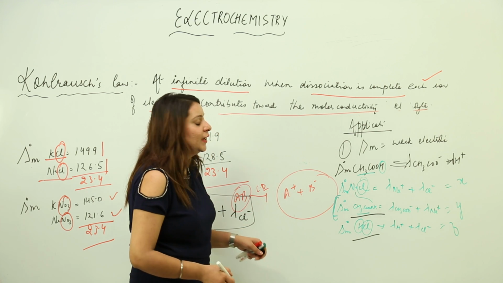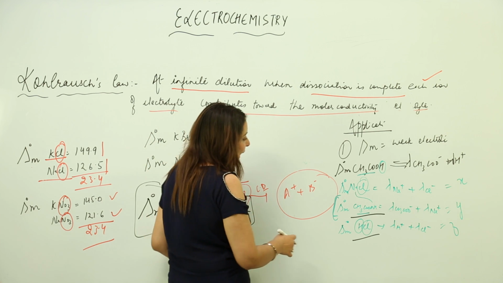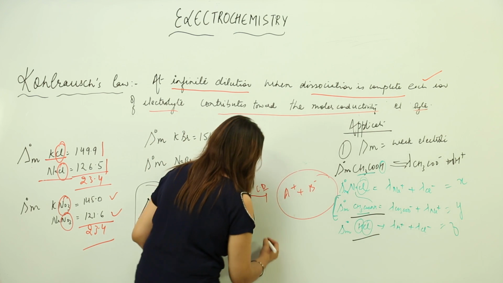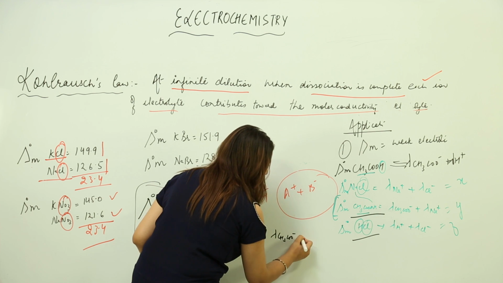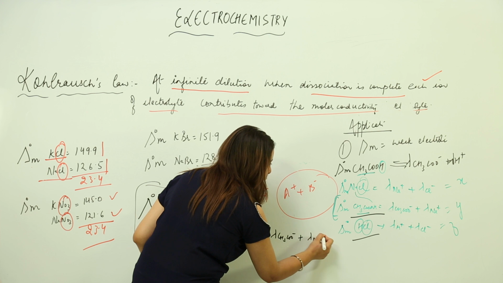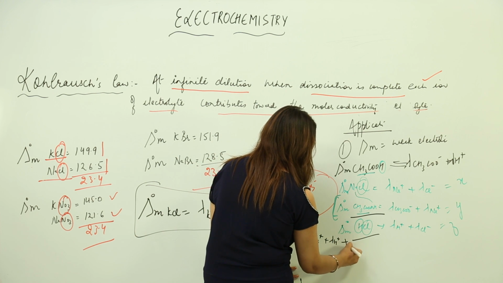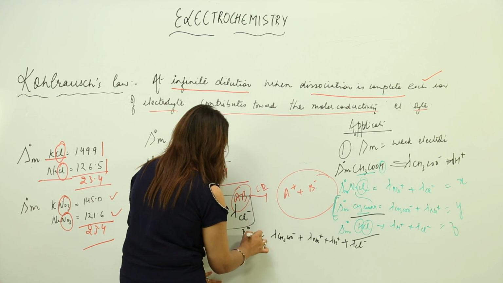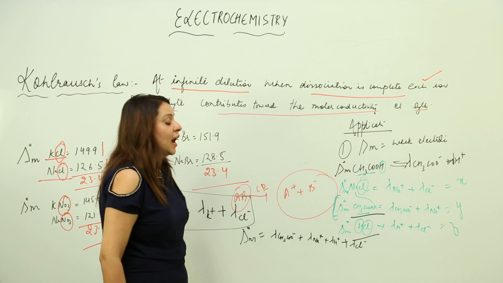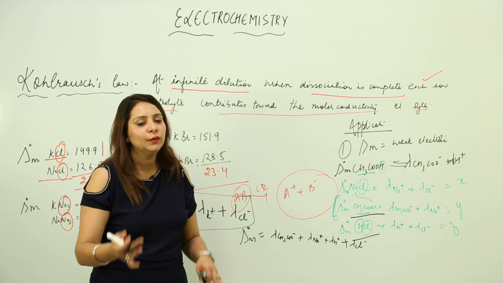What we are going to do is add up the uncommon data. By adding them, we get lambda CH3COO negative plus lambda Na positive, plus lambda H positive, plus lambda Cl negative. We are calculating the molar conductivity. Now after adding, subtract the third one, which is left.